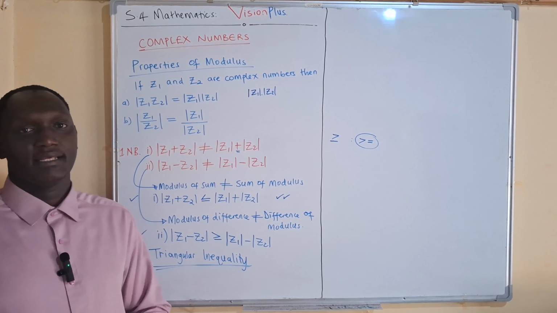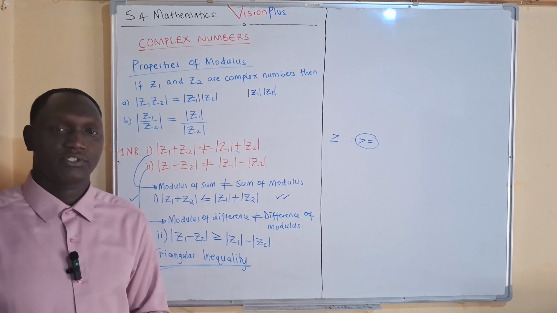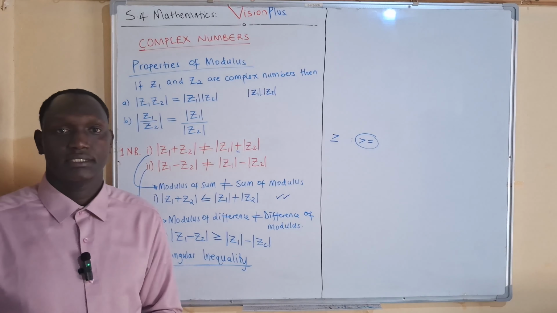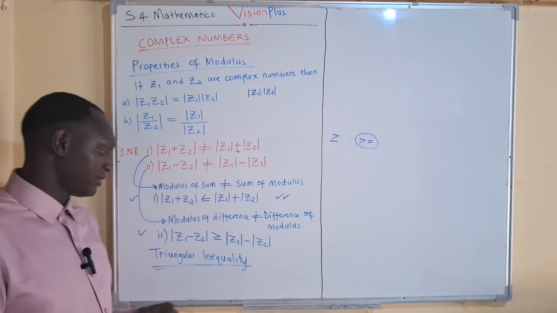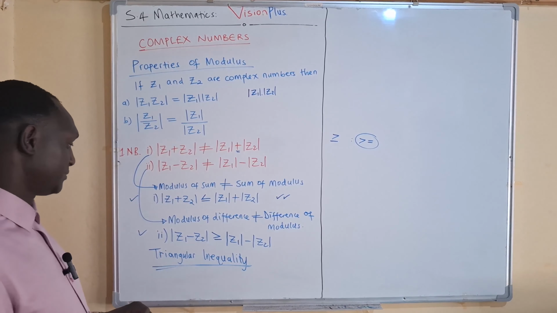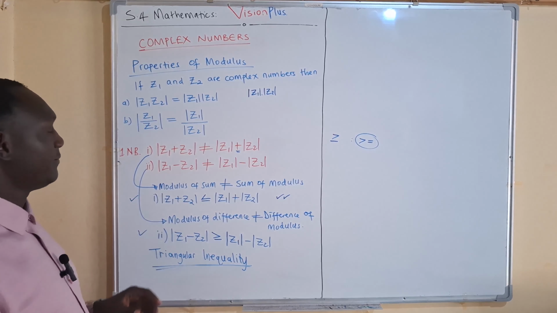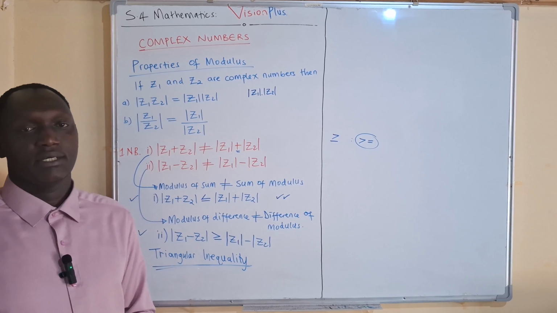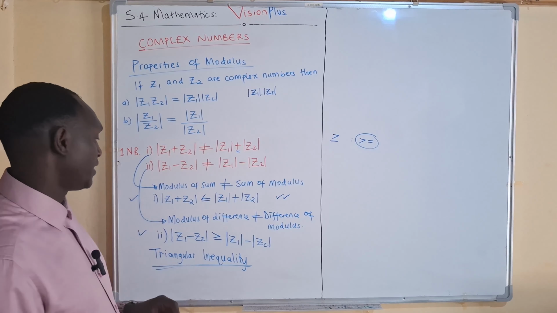There is a senior 3 topic called error approximation, and there we find something of this format. So this is the overview of the properties of the modulus of a complex number.